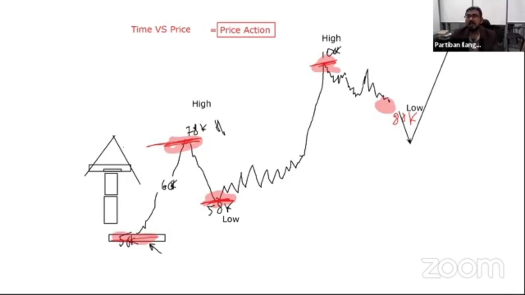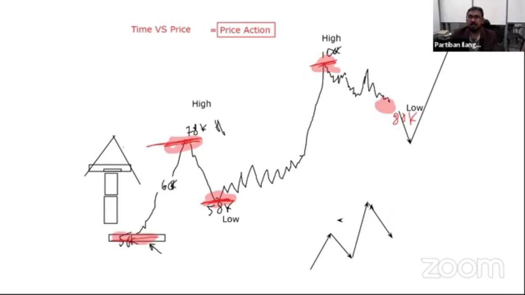Now, a lot of traders, when you see a price move like this, high, low, higher high, lower low.